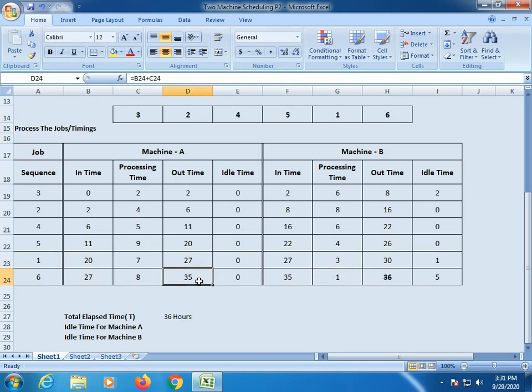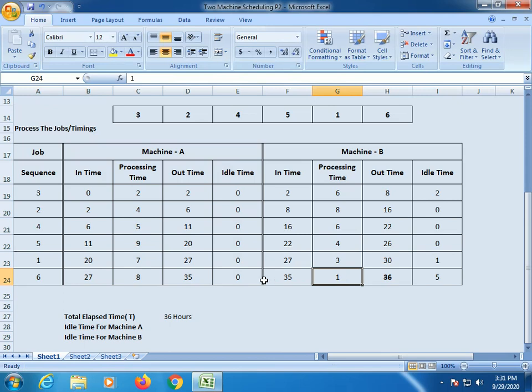So at the 35th hour we have completed job 6 on machine A, and this machine could perform the next job, but there is no next job to perform, so we simply have to stop processing. Machine A has to wait for 1 hour.